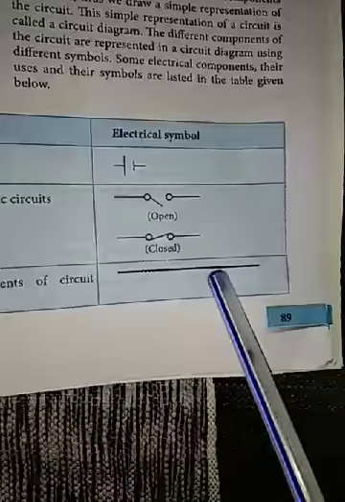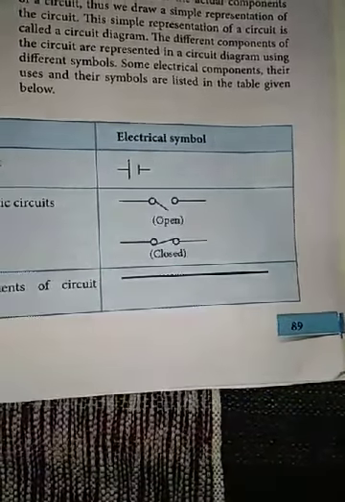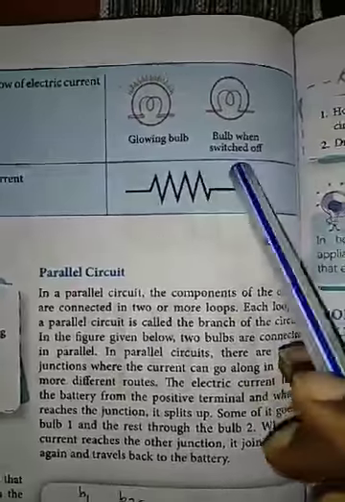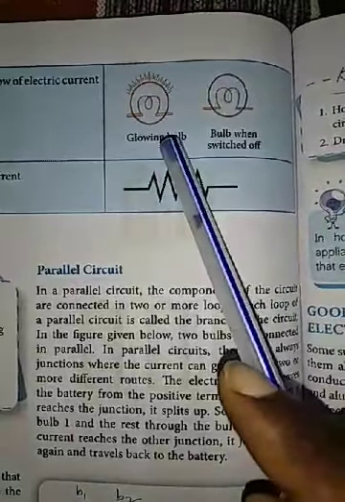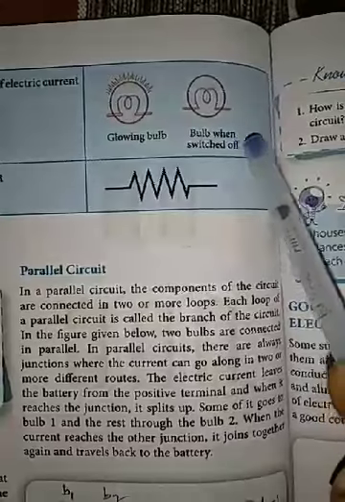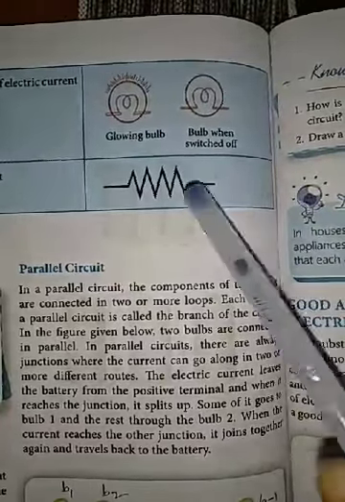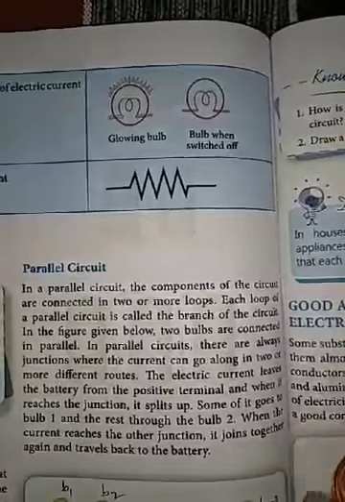This is the symbol of a wire, which connects the components of the circuit together. Glowing bulb when the switch is on, and this is the bulb when the switch is off. Symbol of resistor. Resists the flow of current.